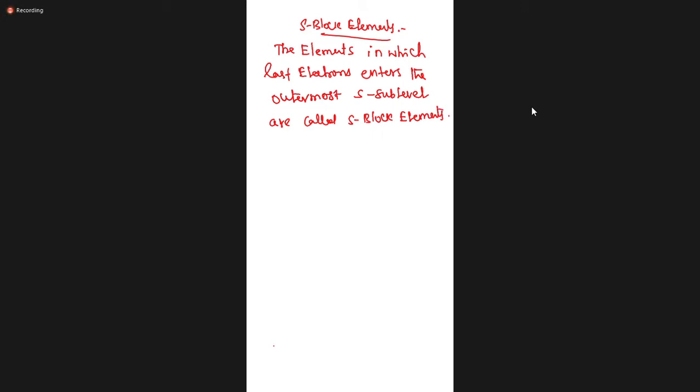Is it clear? The last electron, the differentiating electron, enters into the S subshell or S orbital, and that is called an S block element.